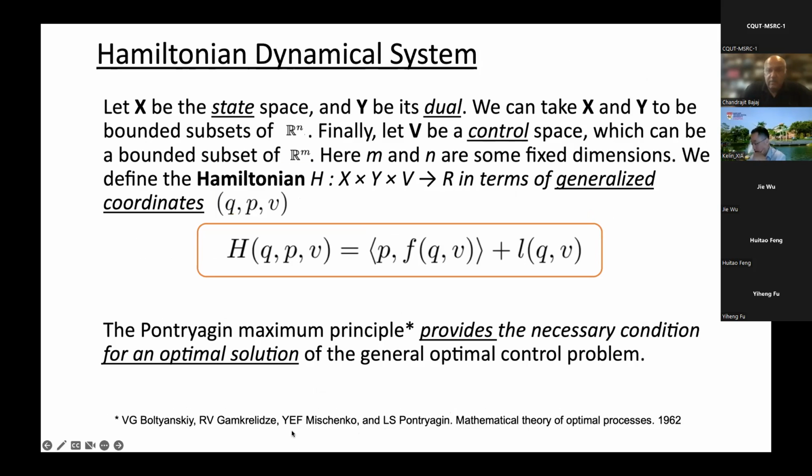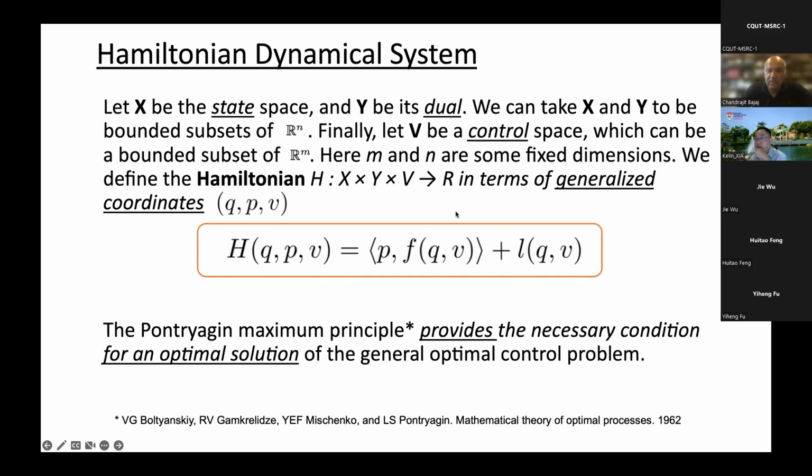So to do that, one has to rely on Hamiltonian systems. So what's a Hamiltonian system? A Hamiltonian system is like an energy that governs, like the total free energy of a molecule that governs how the molecule moves. And so if X is a state space and Y its dual, then we can take bounded subsets of X and Y, and let V be the control space.